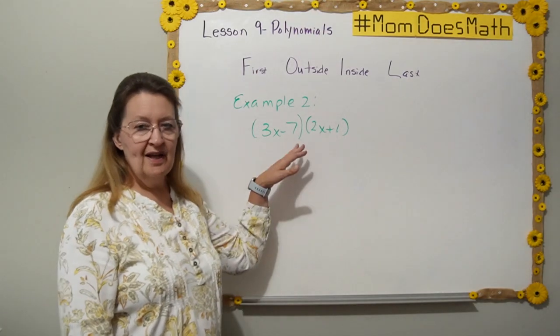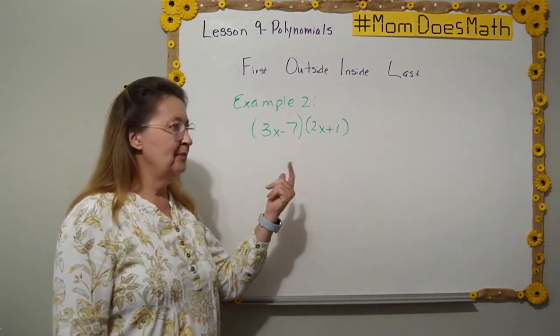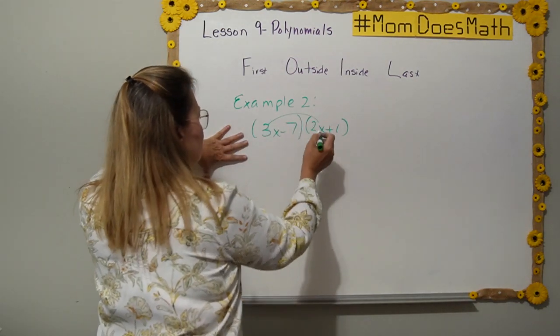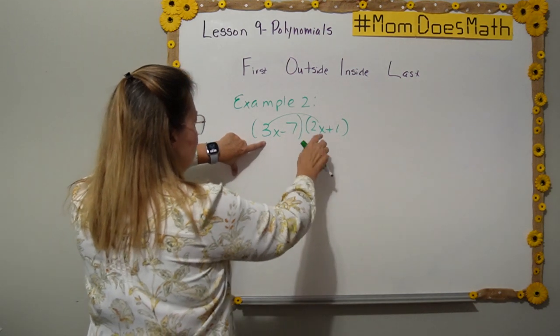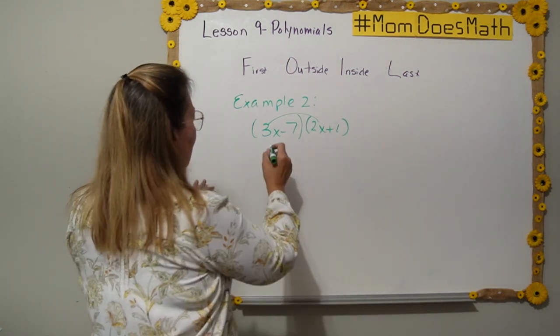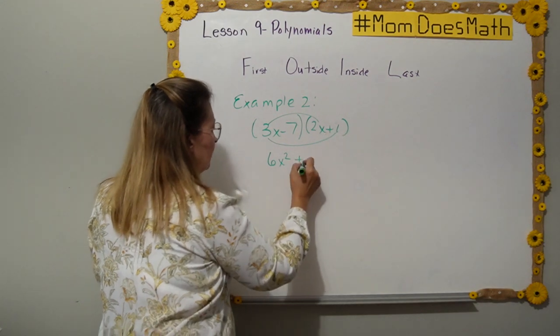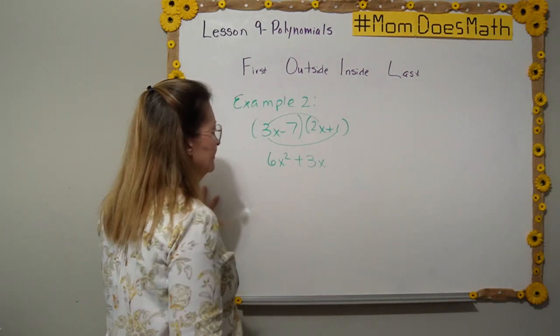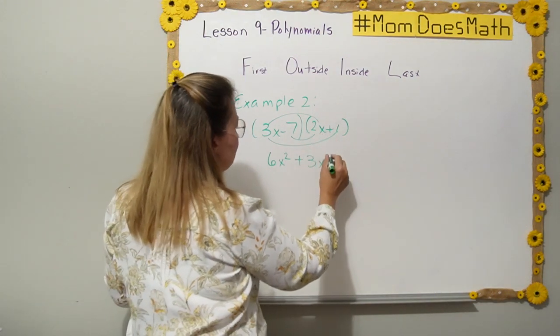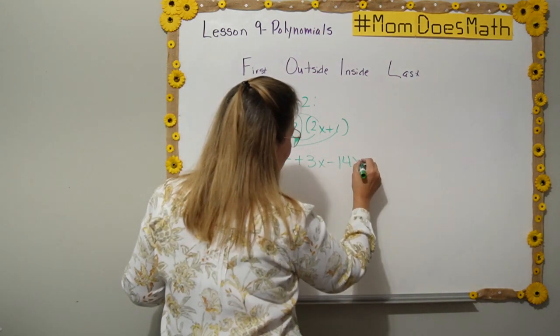Okay, I just noticed that I skipped example 2, so let me back up and get it. All right, FOIL method. We're going to multiply the first two numbers together. 3x times 2x is 6x to the second. Then your outside, 3x times 1 is plus 3x. Your inside, minus 7 times positive 2 is going to be minus 14x.